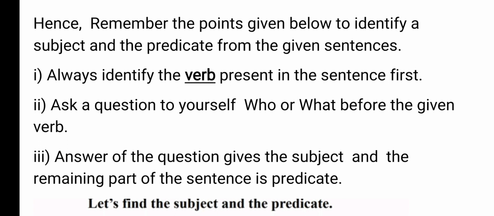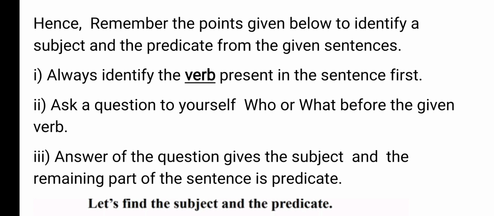Then, secondly, ask a question to yourself, who or what, before that given verb. And then the answer to that question gives the subject. And the remaining part of the sentence is the predicate. So this is very clearly given to you. So hope you understand all these points and keep them in your mind before you do the exercises.